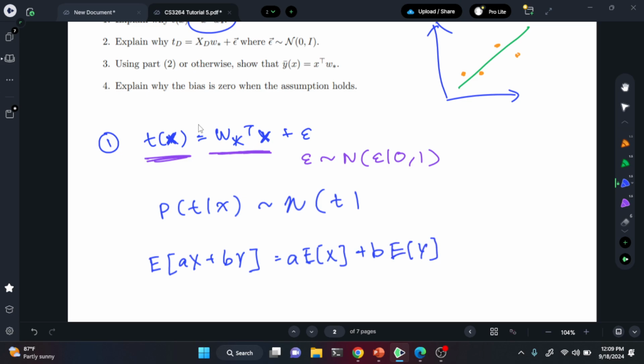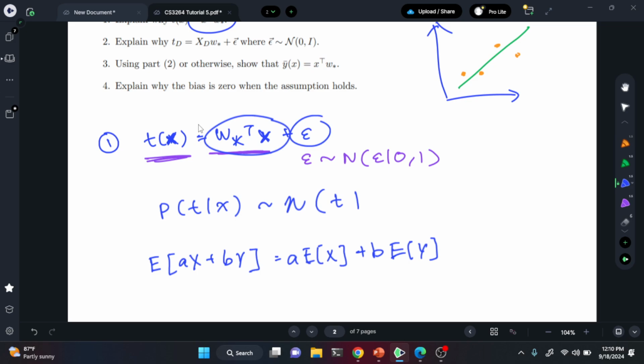But expectation itself, sometimes we take it as the mean also. Okay, so in the case of this part, if I take the expectation of this, this is not randomly distributed, so the expectation is just itself, plus the expectation of this epsilon, which is just the mean. So overall, if I combine this, you can imagine this Gaussian initially from 0, 1 is shifted by W transpose X. All the values are added W transpose X. So the Gaussian now shifts, but the shape itself is still the same.